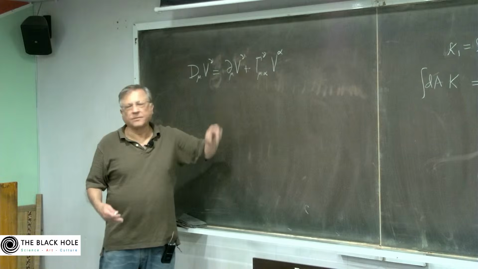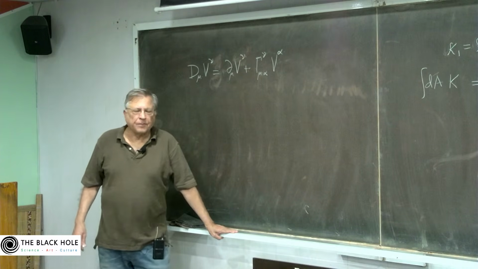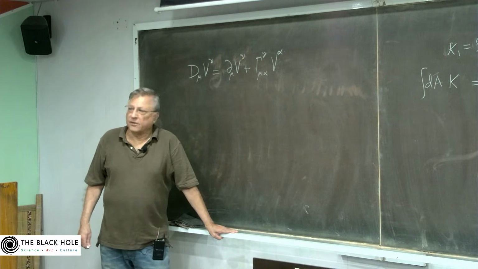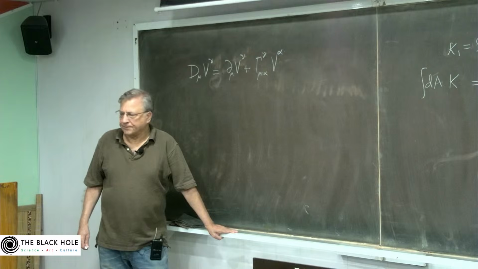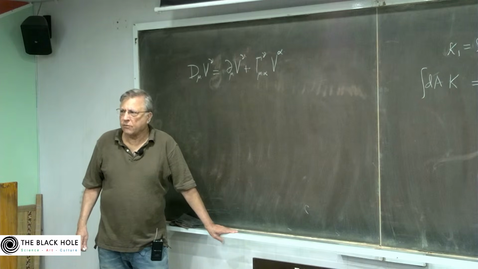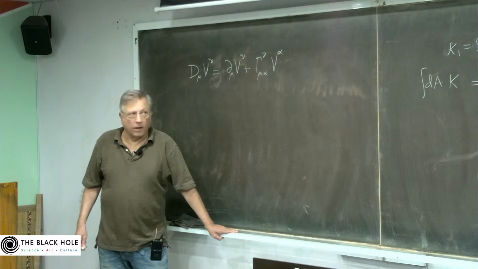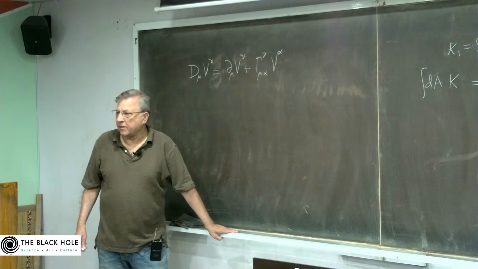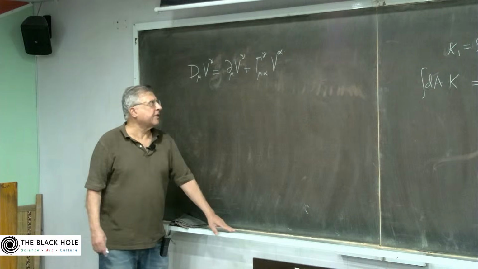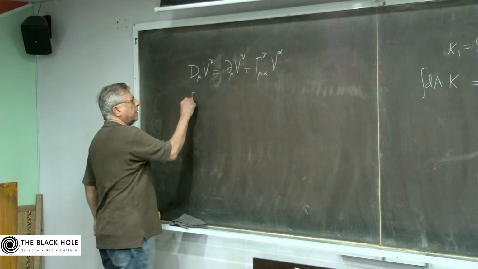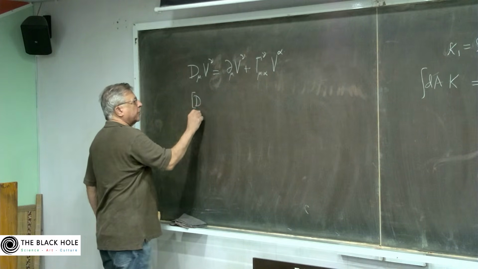And this was the Christoffel symbol, which is 0 on a flat space. Okay, now, so that's one definition, and a very useful one, because from this we define what was this.